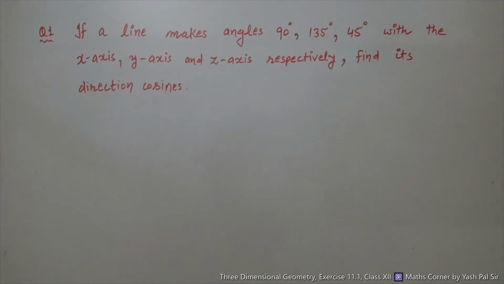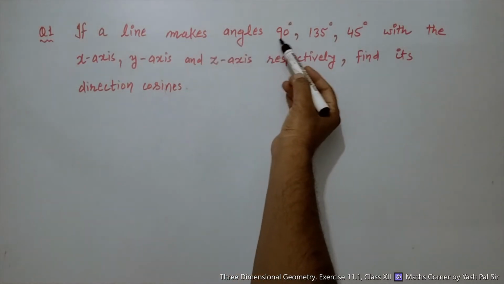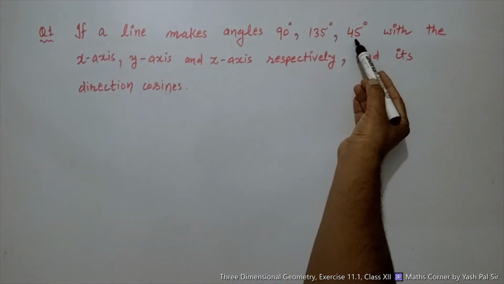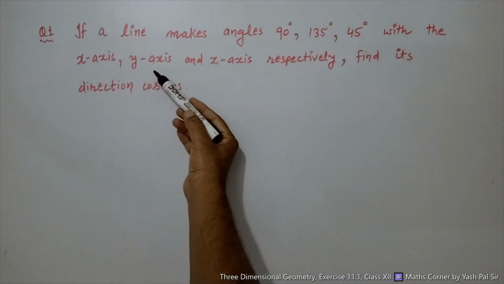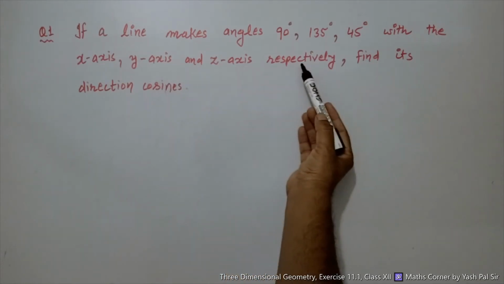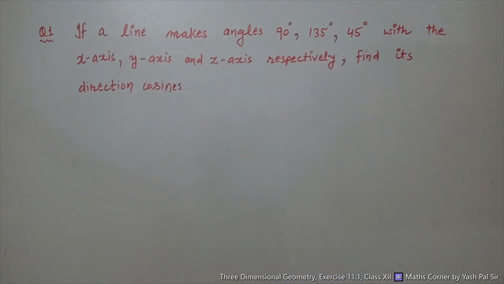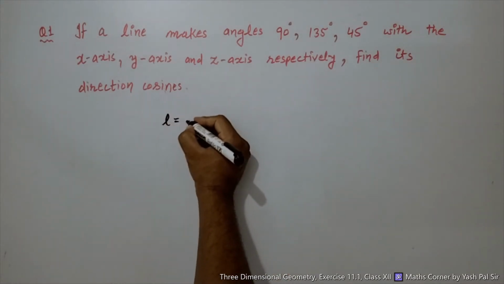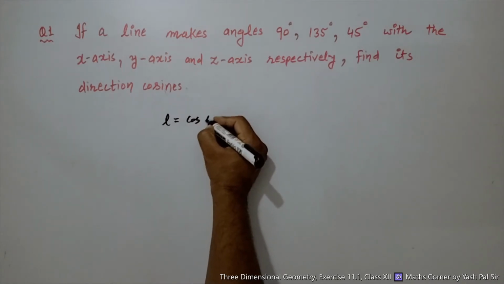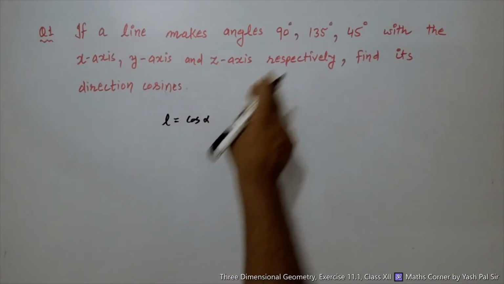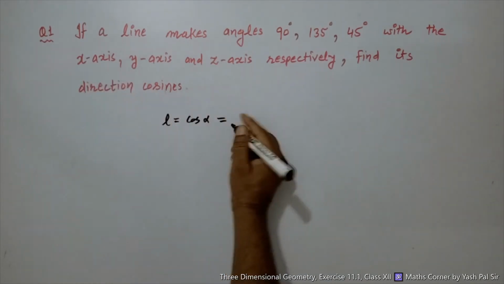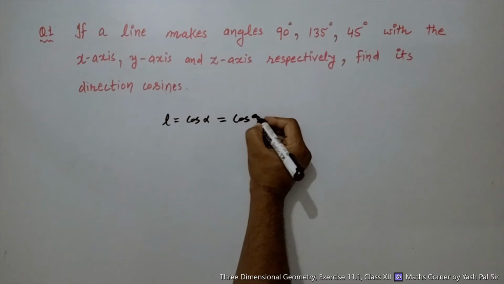Now we have question number 1. If a line makes angles 90 degree, 135 degree, 45 degree with x-axis, y-axis and z-axis respectively, find its direction cosines. So this is very easy. l is equal to cos alpha. Alpha is the angle made by the line with x-axis. So here alpha is 90 degree.